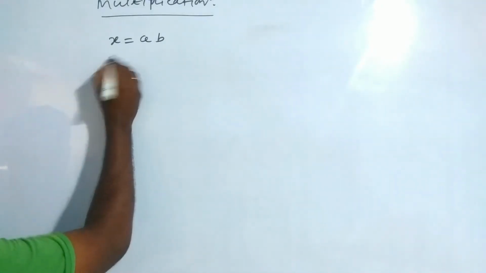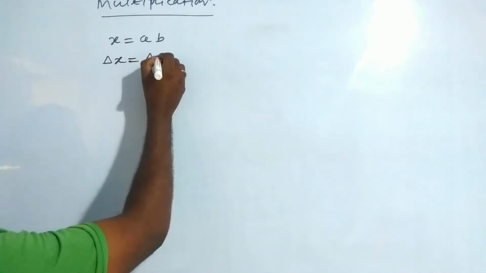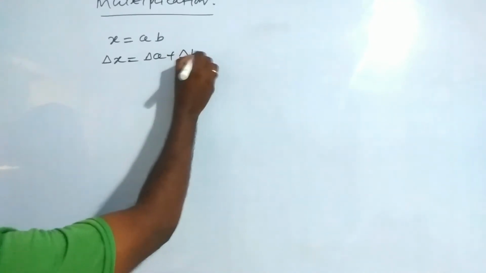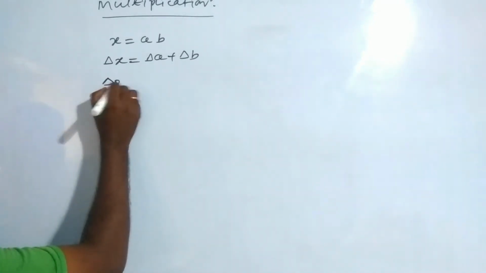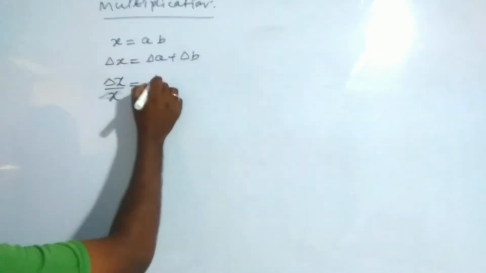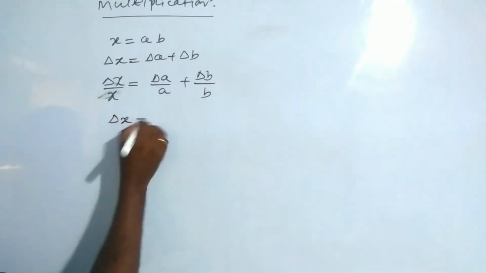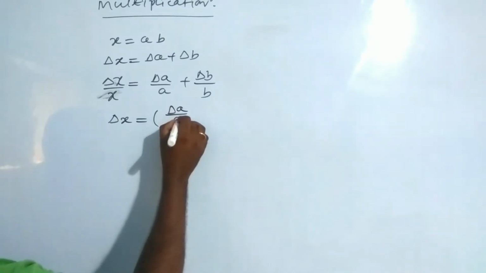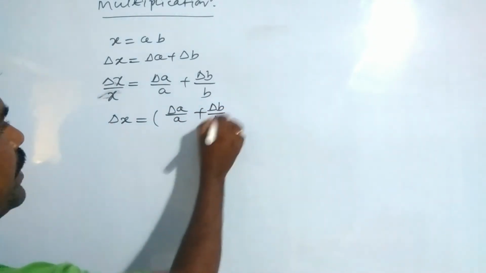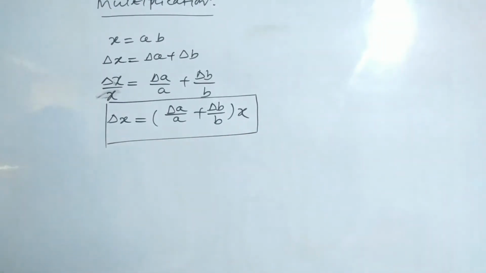Then delta x by x is equal to delta a by a plus delta b by b. And delta x is equal to delta a by a plus delta b by b, into x. This is the error you have to find in the case of multiplication.